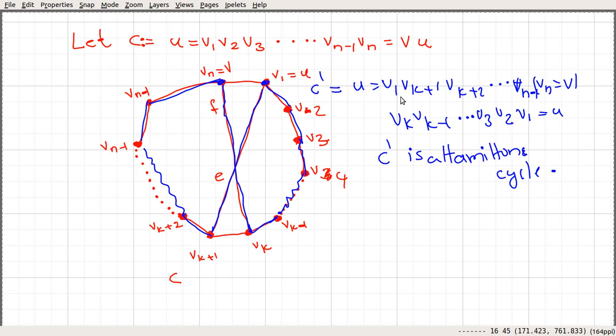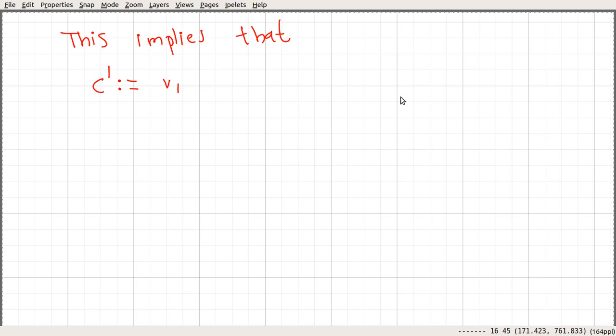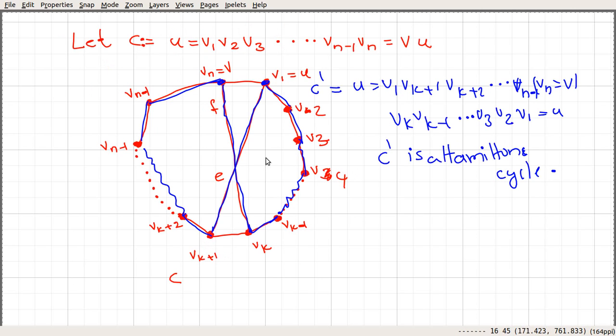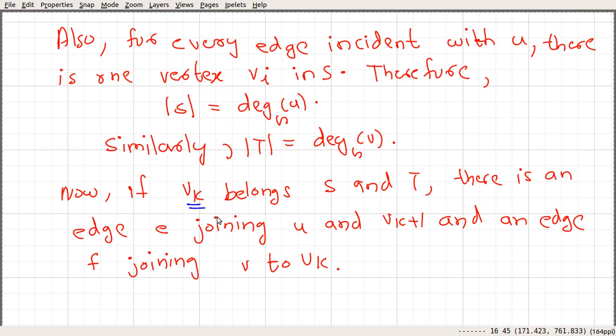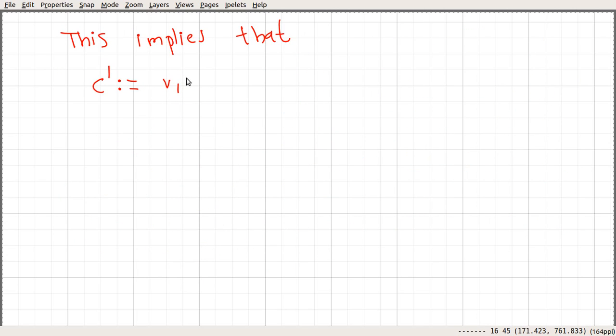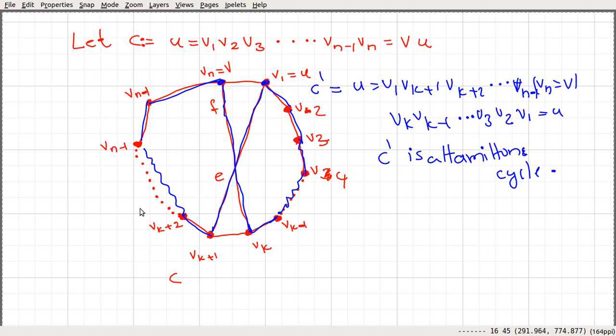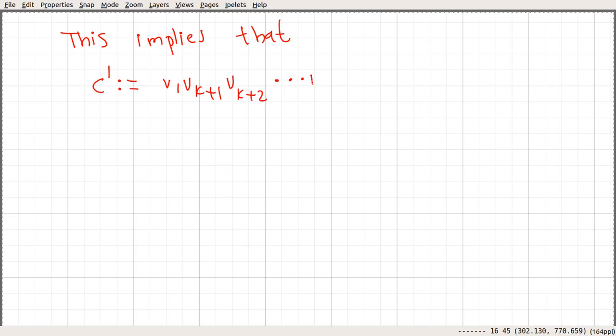Okay, v1, then move to vk plus 1 using this edge, then using the other portion of the cycle vk plus 2, then come back to this vn.